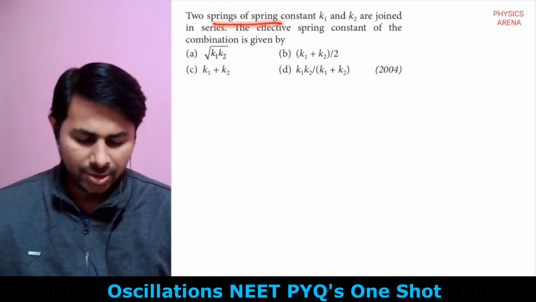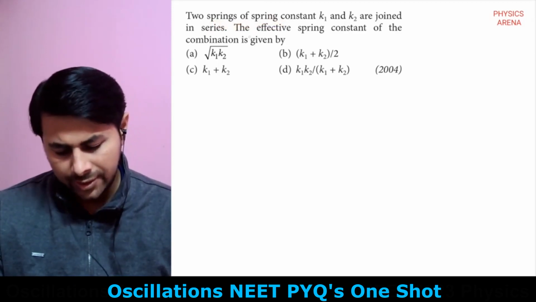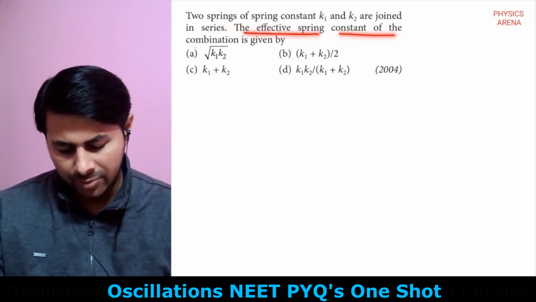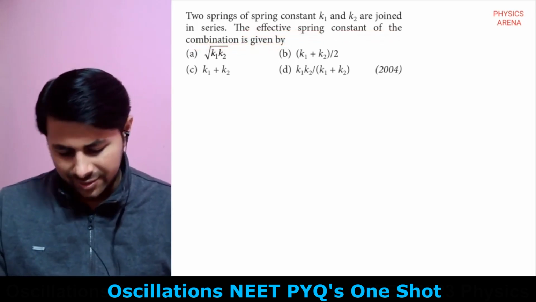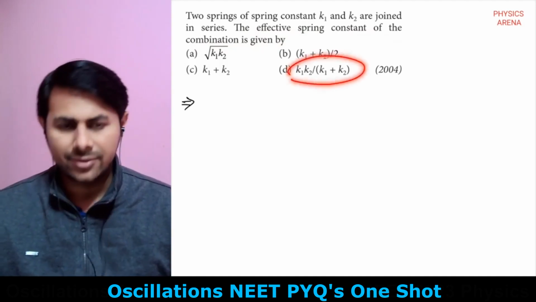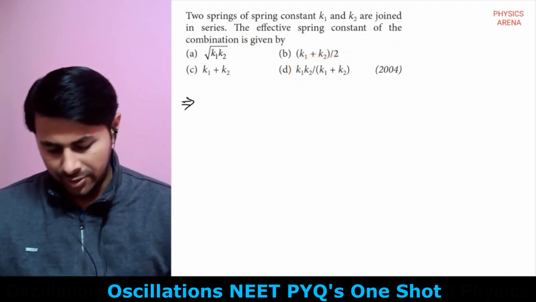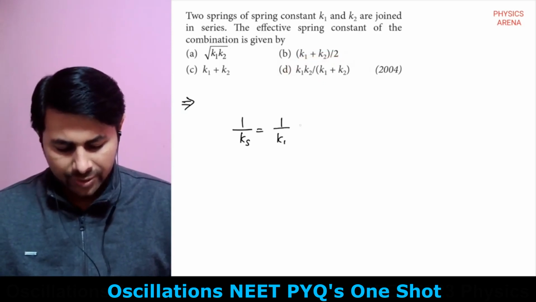Two springs of spring constant K1 and K2 are joined in series. The effective spring constant of the combination is given by. This is very simple, right? So option D is the answer. Okay, because 1 upon Ks is equal to 1 upon K1 plus 1 upon K2.